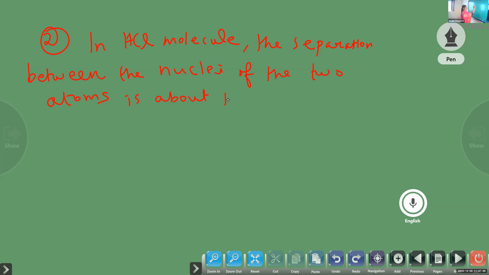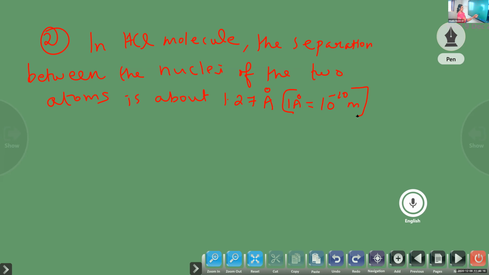Angstrom is the unit of length. So 1 angstrom actually is equal to 10 to the power of minus 10 meter. Because we cannot do the problem in terms of angstrom. But why are they using angstrom? Because spacing is of the order of 10 to the power of minus 10. So very narrow, very small. Two atoms is about 1.27 angstrom.